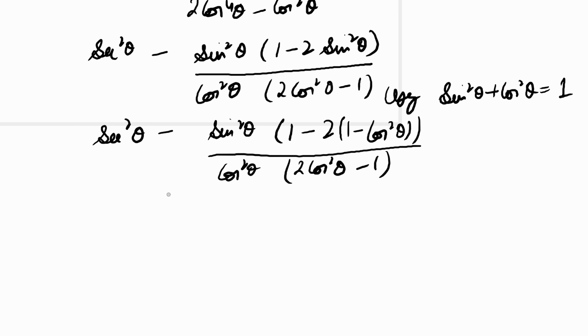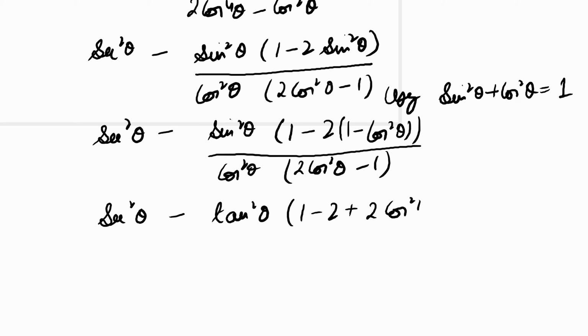Let's see how this works out. Sec square theta minus tan square theta, since sin square theta upon cos square theta is tan square theta, and it will become 1 minus 2 plus 2 cos square theta. In the denominator it will be 2 cos square theta minus 1.